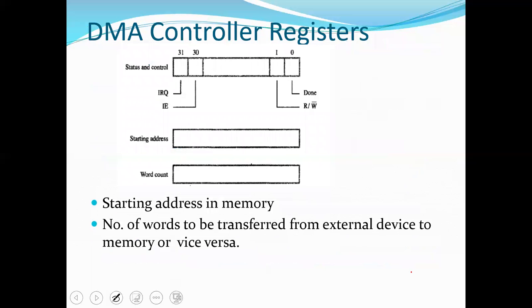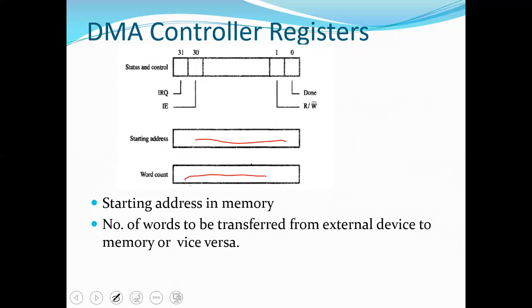These are the registers used in DMA for storing the information. The starting address is stored in a register. The word count, the number of words to be read or written to the memory, is stored in the word count register. And there is a status register.